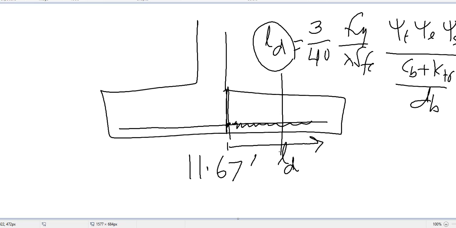Now you should make sure that you have that space. If you do not have space, what to do? You can do a hook, or a 180-degree hook, or there are so many alternatives, but mostly it will be okay. If it is not okay, you can make a hook, and that hook should be able to do it. That is the checking here.